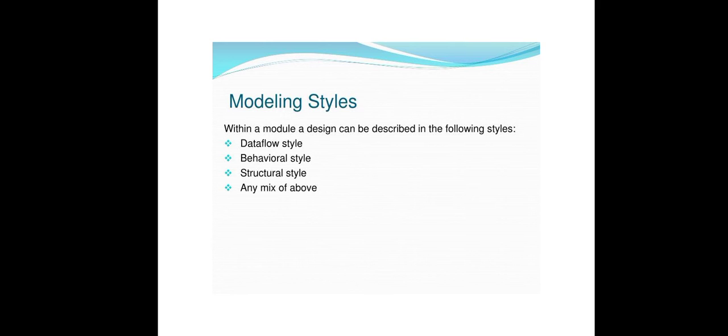In the data flow style, there are two main parts: the first is the continuous assignments and the second is the implicit continuous assignments. The continuous assignment is the basic statement in data flow modeling. It is used to drive a value onto a net.